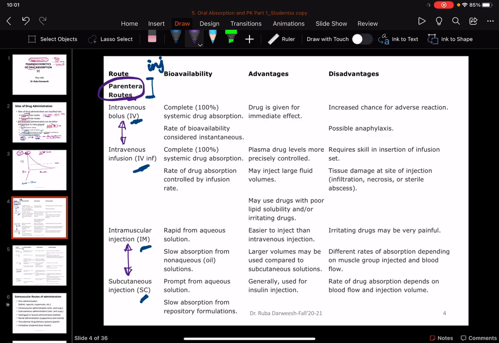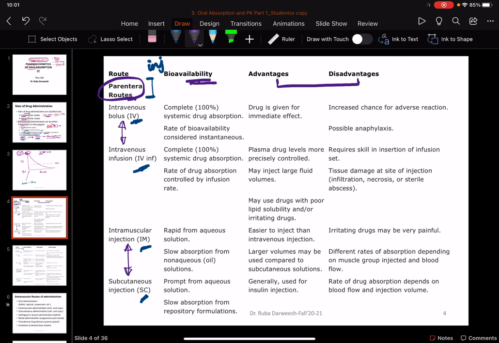Whatever the routes that we have, parenteral or enteral, we know that the bioavailability is variable according to the route of administration, so it depends on the route that we are taking, and also the advantages or disadvantages of the route depend on the drug delivery related to the route.